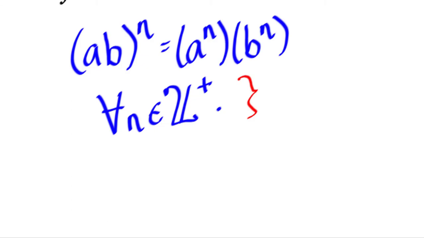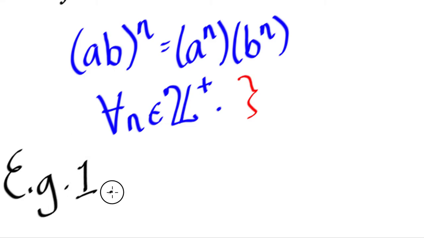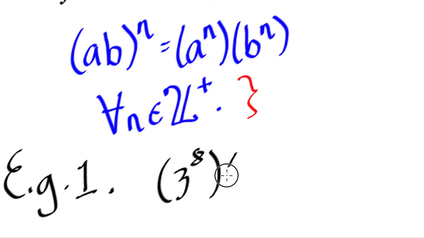So for example, let's write our example here. Example 1: if you have something like 3 raised to 8 times 7 raised to 8, what is the answer here? I'll give you time to answer that.